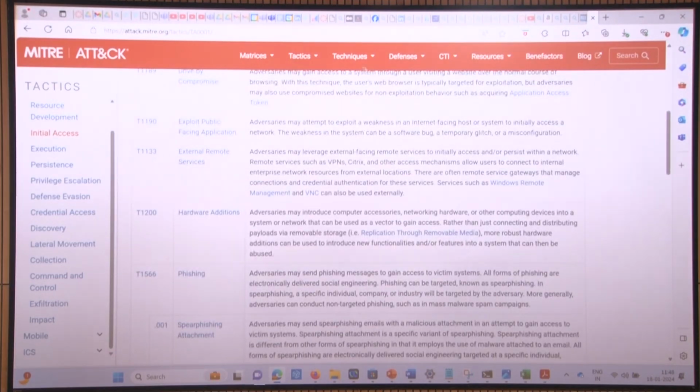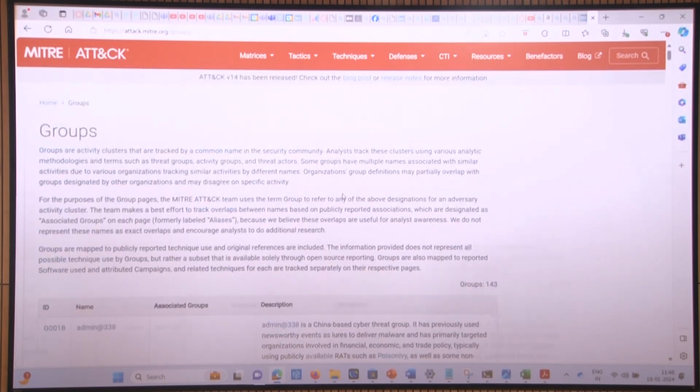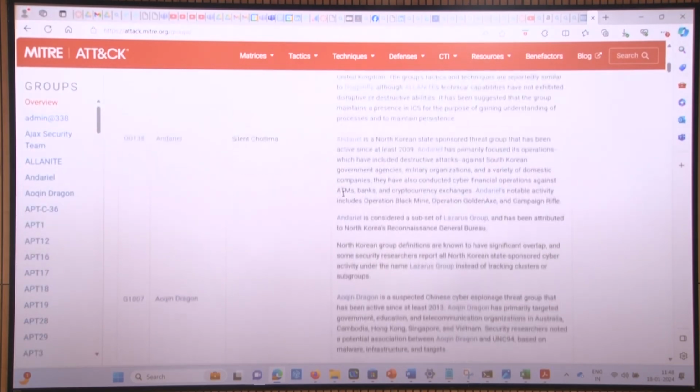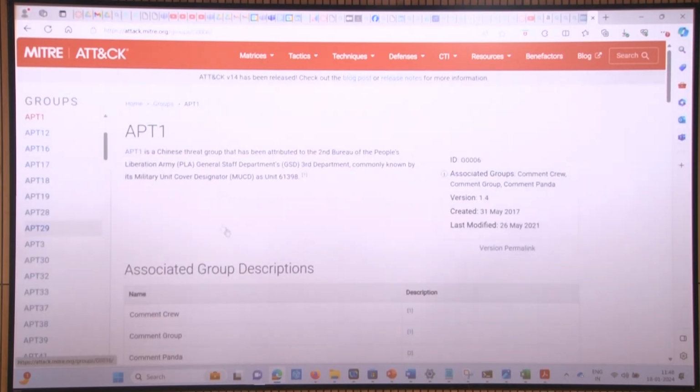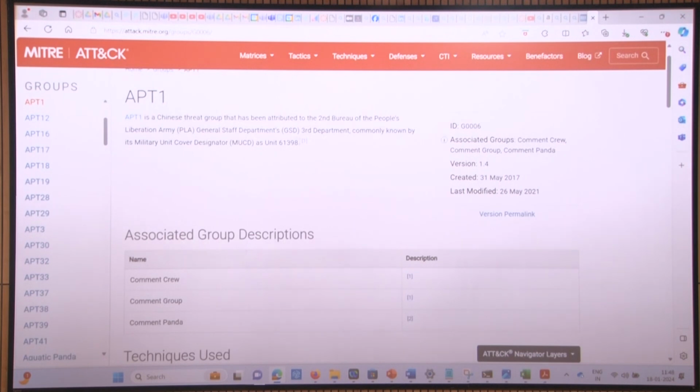So these are techniques. We'll get into this later, but this is threat intelligence, right? So there are threat groups. You can see all these different threat groups, like we talked about, say, APT1. APT1 is a Chinese threat group attributed to the 2nd Bureau of the People's Liberation Army General Staff Department's 3rd Department, commonly known by its military unit cover designator as Unit 61398.